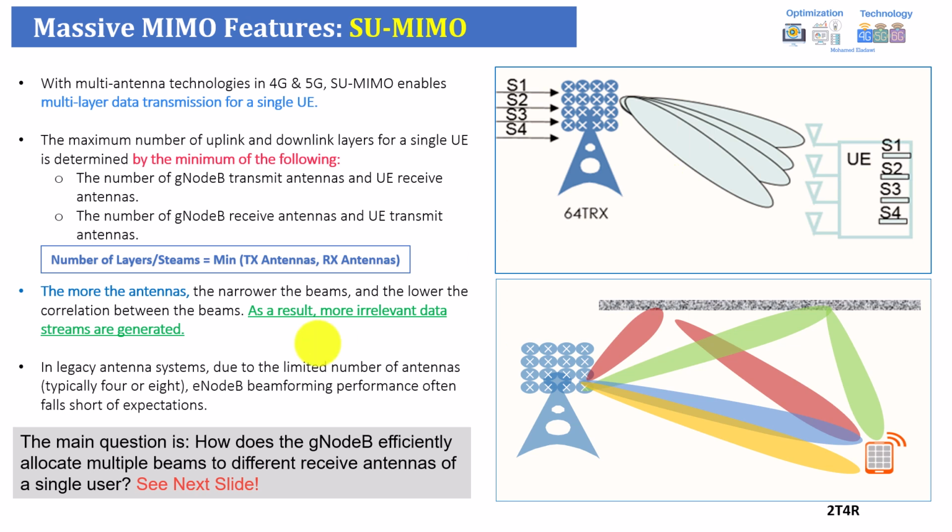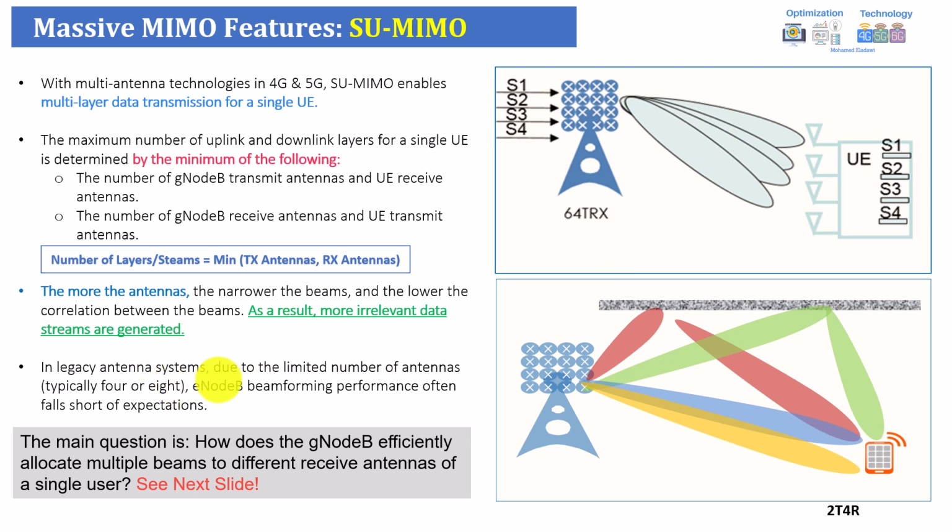The Massive MIMO gain mainly comes from the fact that you have more antennas. This means you have narrower beams, and this will result in a lower correlation between the beams, and accordingly you will have more independent data streams or less interference between your data streams, which means you will have a much higher speed, throughput and CNR, resulting in much better user throughput.